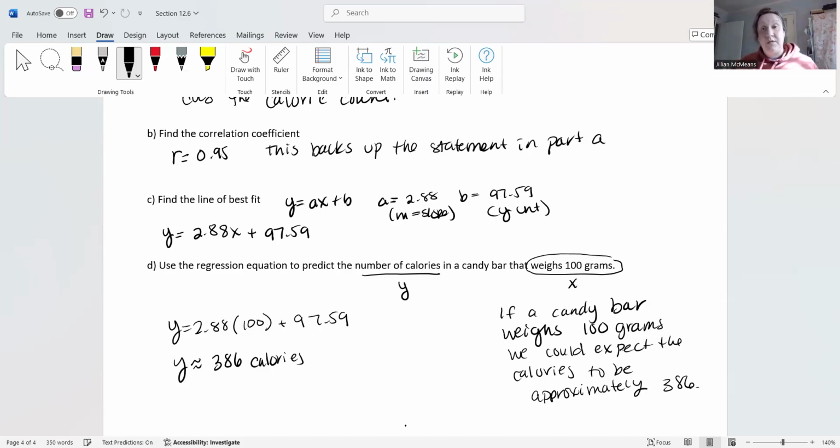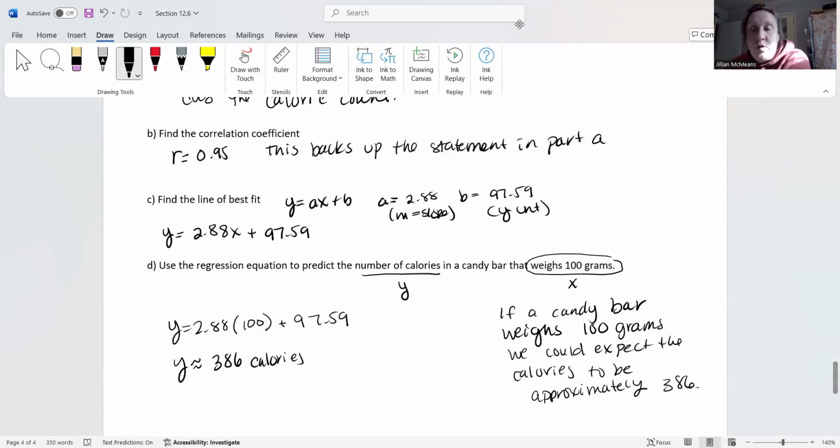Again, that doesn't mean if a candy bar weighs exactly 100 grams, the calories will be exactly 386 calories. It just means it's going to be somewhere in that ballpark, okay? Based on this data set with our correlation coefficient, we've got a pretty good understanding of weight of candy bars and corresponding calorie count, okay?